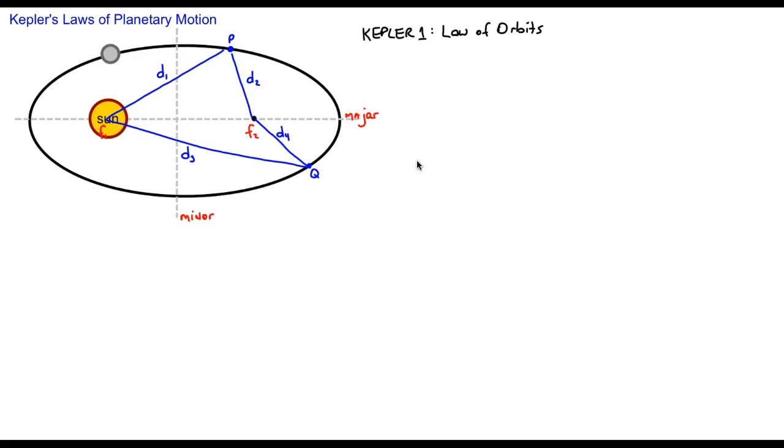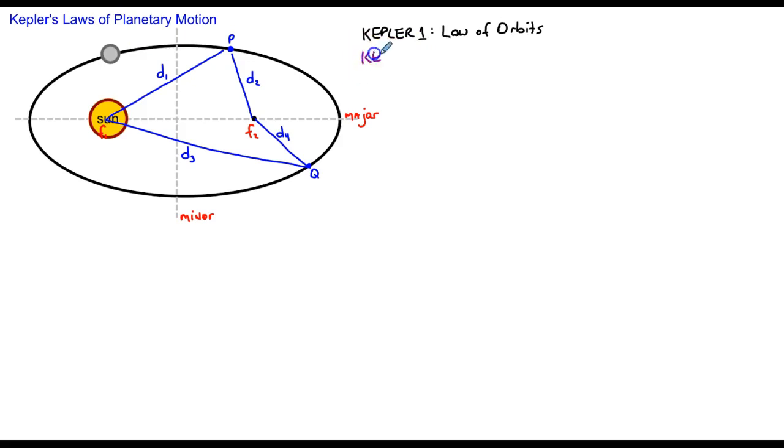This is not responsible for changes in temperatures and seasons that are cyclical. That is a common misperception that has to do with the tilt of the Earth's axis. So the law of orbits just establishes the ellipse as the standard orbital path that a planet takes around a star. So that's Kepler's first law.